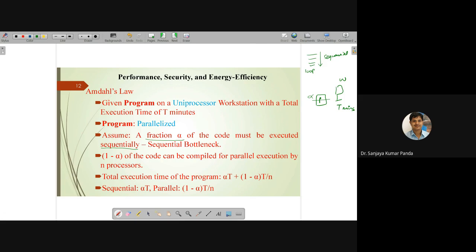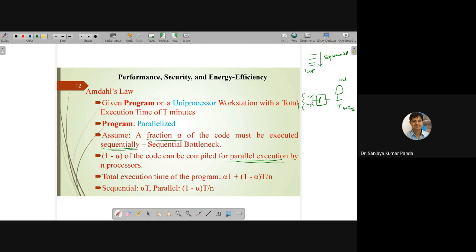Let's say you have written a procedure that is not dependent on each other. So the fraction alpha of the code is executed sequentially, and if the total code I consider as 1, the rest of the code is 1 minus alpha. So 1 minus alpha of the code can be executed in parallel with n number of processors.